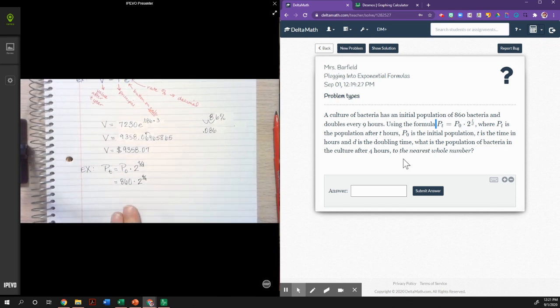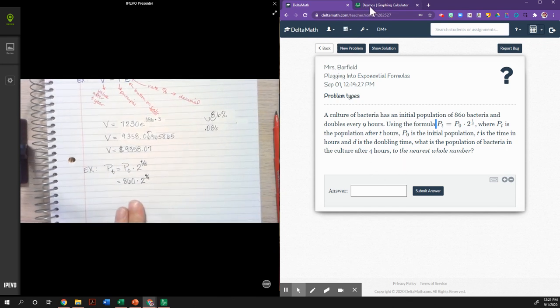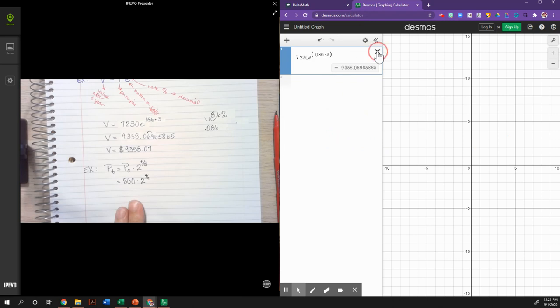Now I'm just going to switch over here to Desmos. 860 times 2, exponent, and I'm going to put that in parentheses again because I have a division problem: 4 divided by 9.